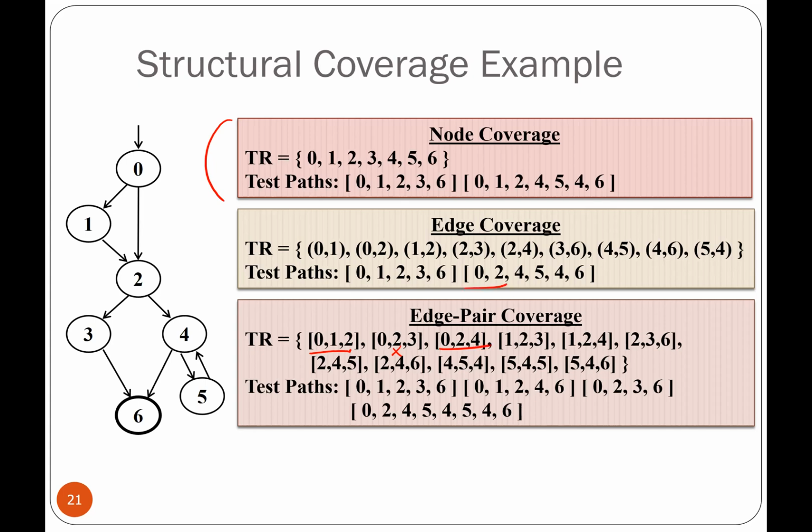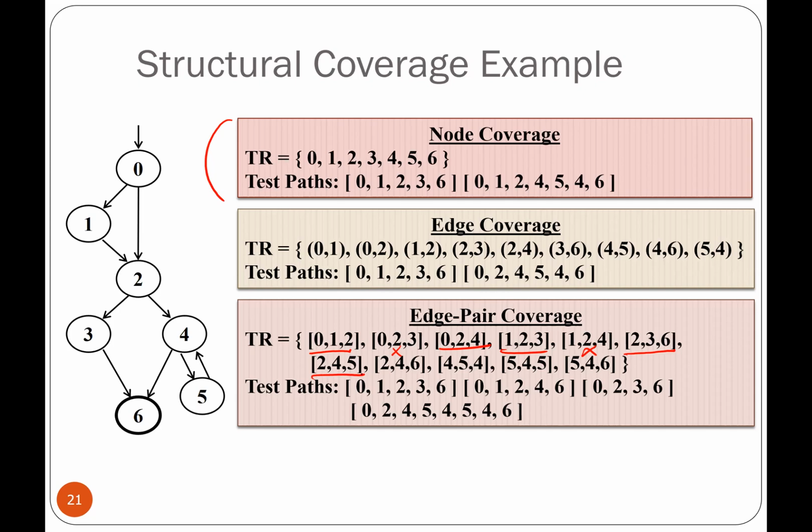Okay. 1, 2, 3. Yes, it's right there. 1, 2, 4. No. 2, 3, 4. No. 2, 3, 6. Yes, it's right there. 2, 4, 5. It's right there. 2, 4, 6.